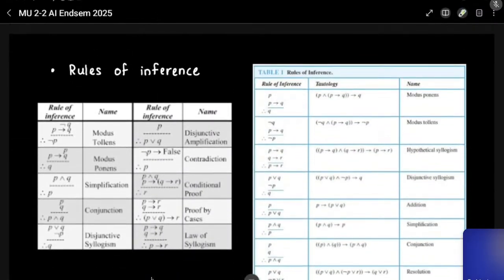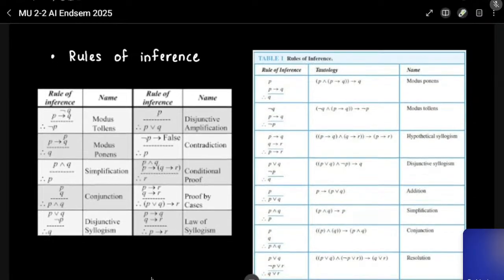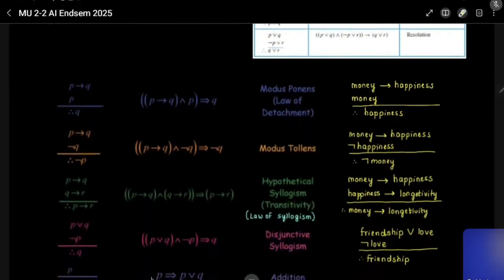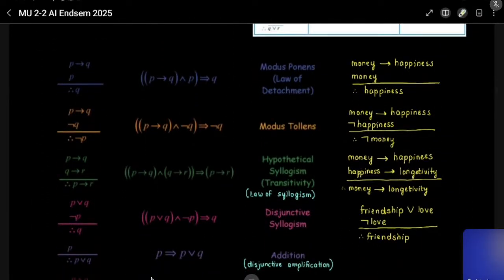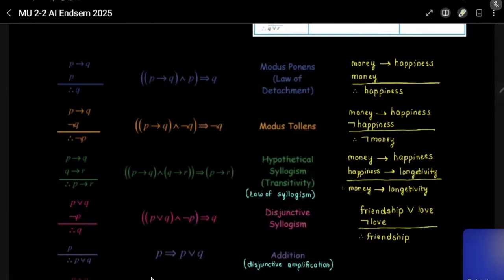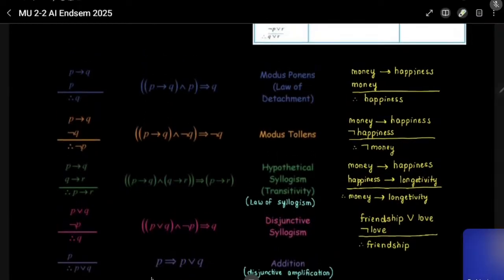So you have something called rules of inference. I don't seem to find these examples in the slides, but I remember them being discussed. For example, modus ponens, modus tollens, syllogism and all those things. You can look at some examples.